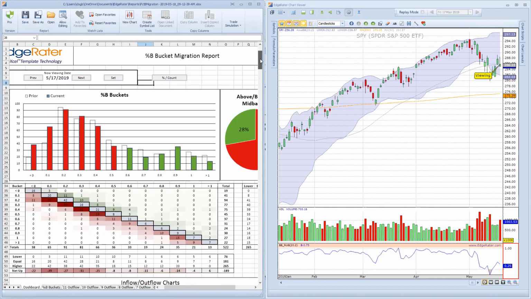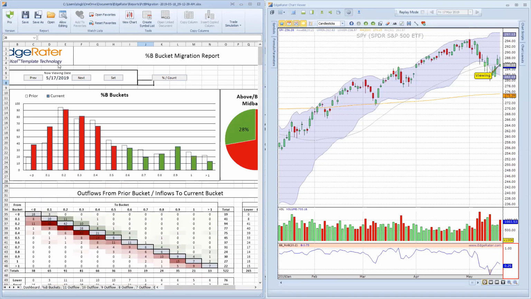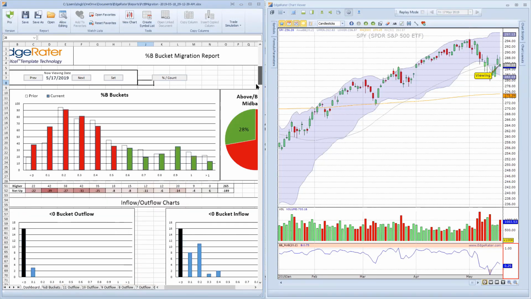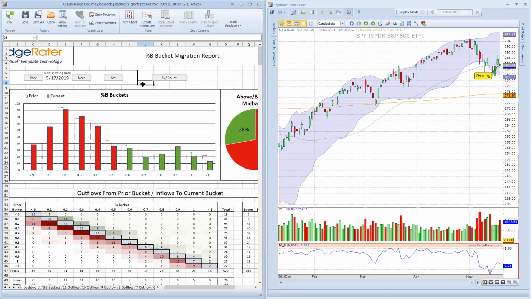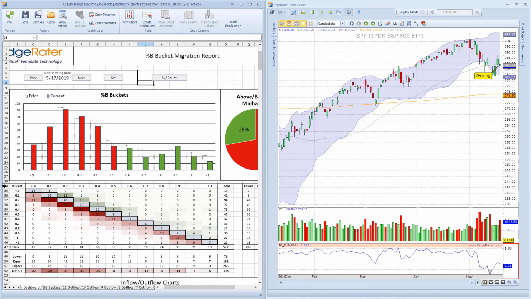Okay, so in this report you can see that the scroll bar will only scroll part of the screen, it won't scroll the whole screen. So you'll always have in view this top area showing the percent B buckets and the pie chart. As you scroll down, it's only going to start scrolling from row 34.